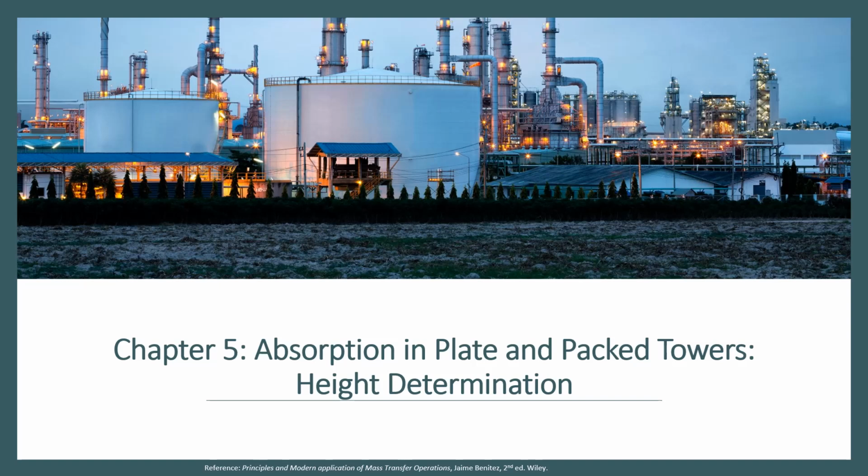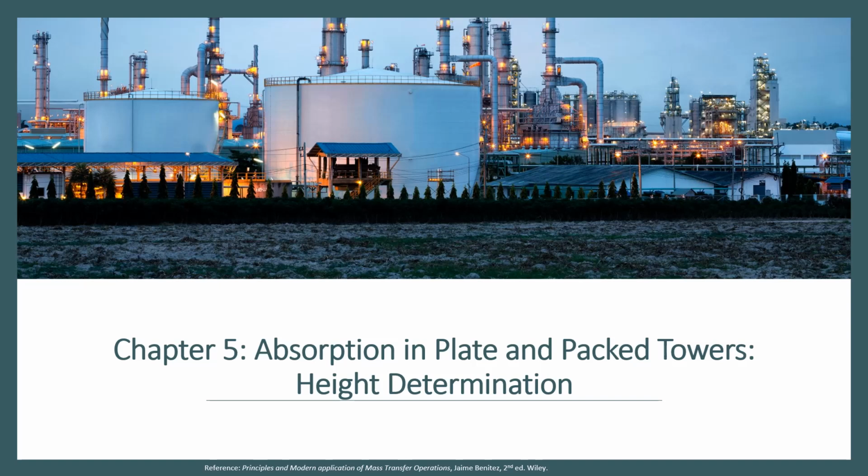In chapter 4, we started by determining the diameter, and we said that the determination of the diameter of an absorption column is basically based on the fluid dynamics, and therefore we try to avoid flooding, and by avoiding the flooding we will determine the actual gas velocity inside the column, and therefore we can determine what is the diameter required to have that gas velocity. In this chapter we would like to talk about the determination of the height of the column.